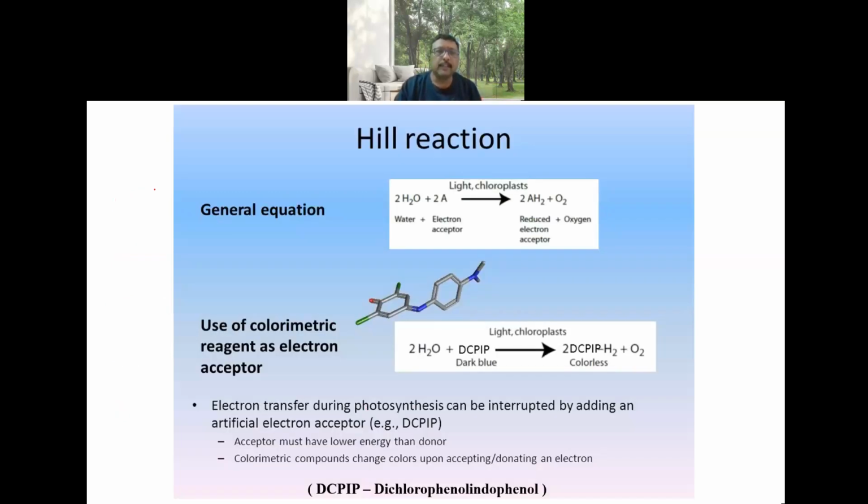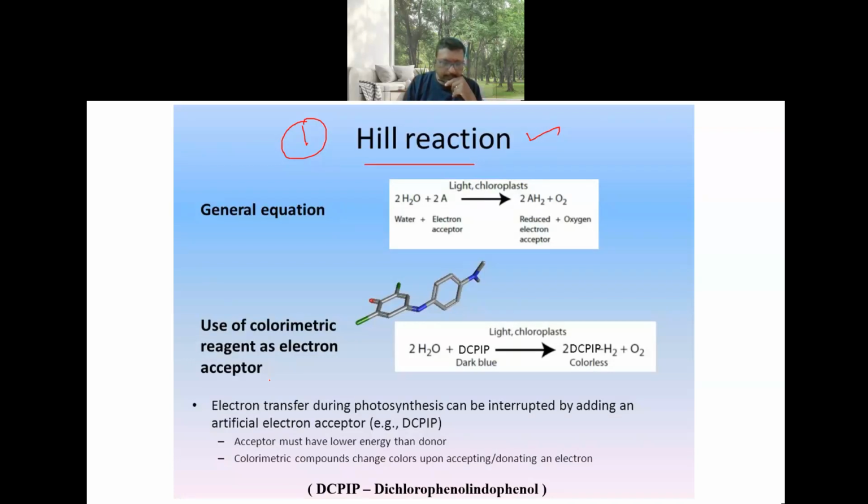This is the first step in the light reaction phase, where Robert Hill, a biochemist from Cambridge University, in the year 1937 worked on isolated chloroplasts instead of whole plants.